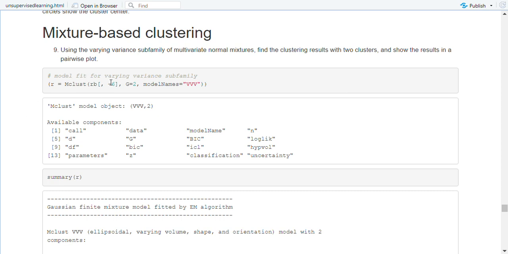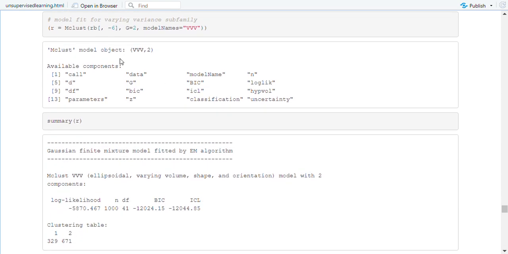So, model fit for varying variance subfamily. Let R equal Mclust of the reordered dataset with the majority class fetched, G equal 2, so we are forming two clusters, modelNames equal VVV, and we have the Mclust model object VVV.